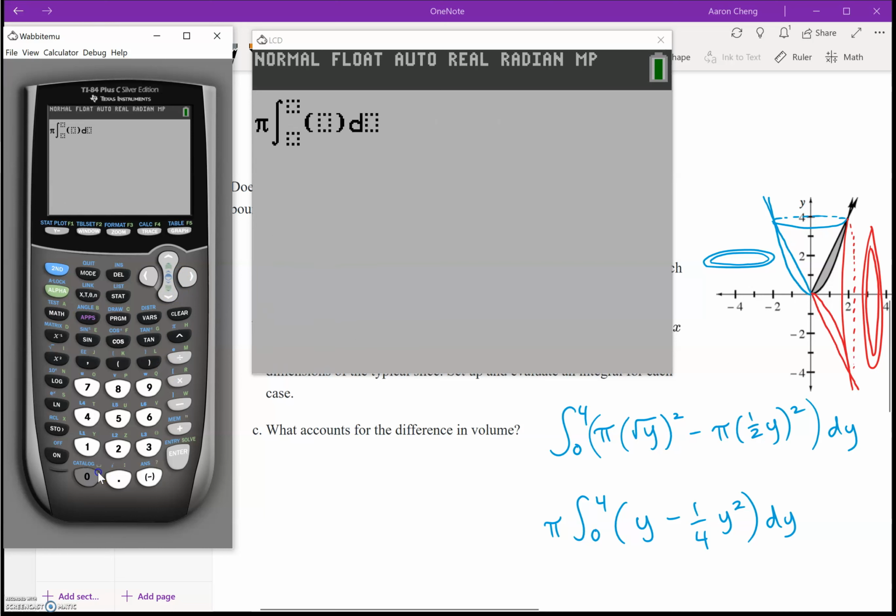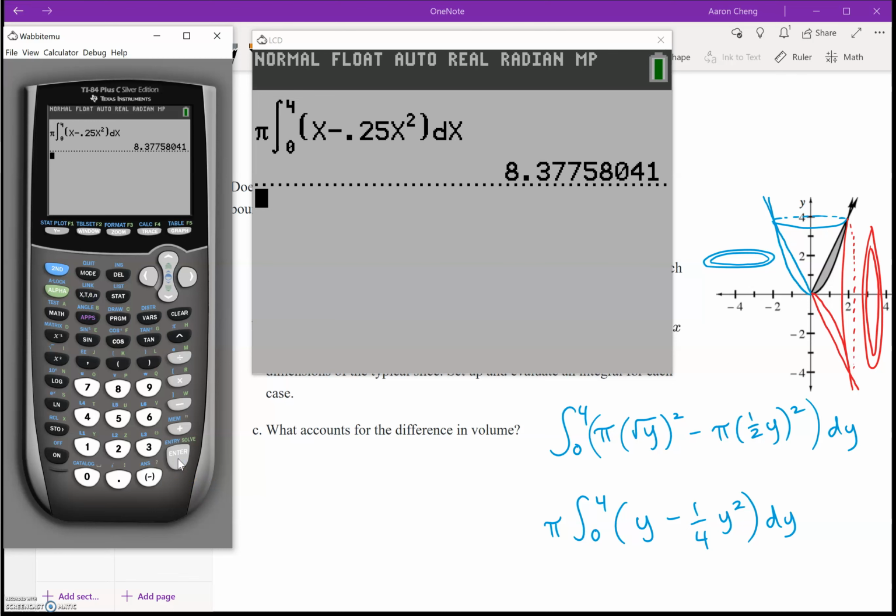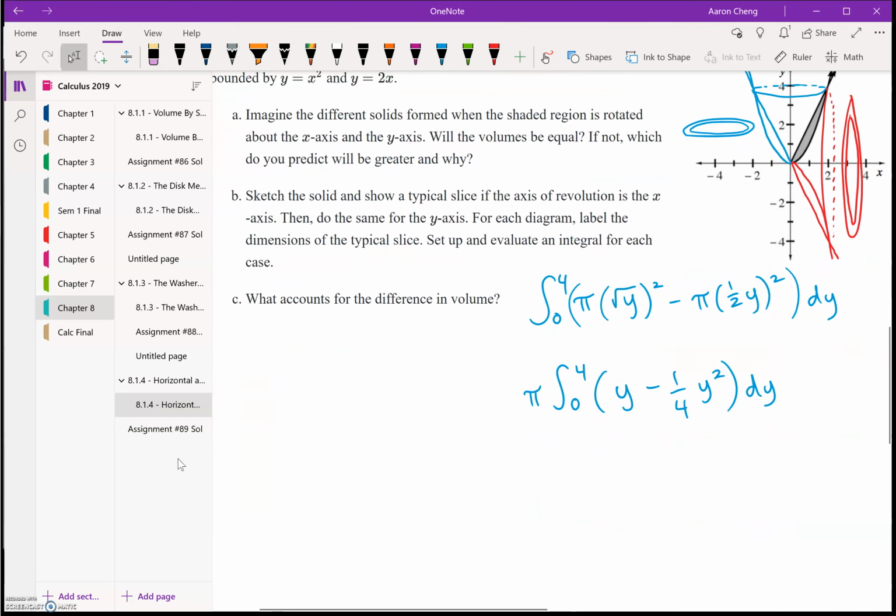So we're going to evaluate an integral from 0 to 4 of, we're going to change this to an x, it doesn't matter what our variable is, x minus 0.25 x squared, dx. And we get 8.37 units cubed. So that's our volume of our blue one.